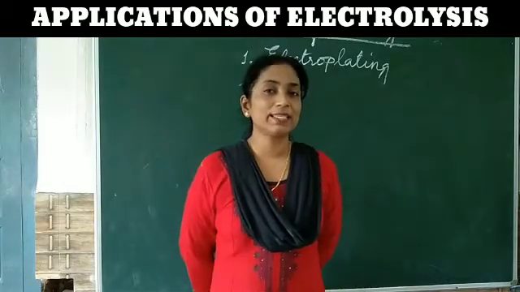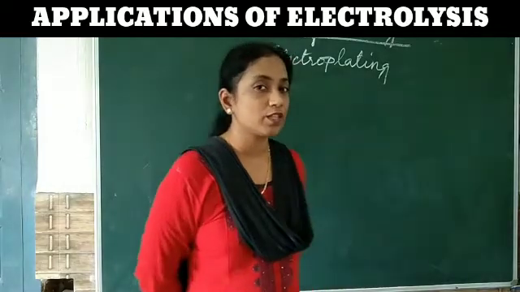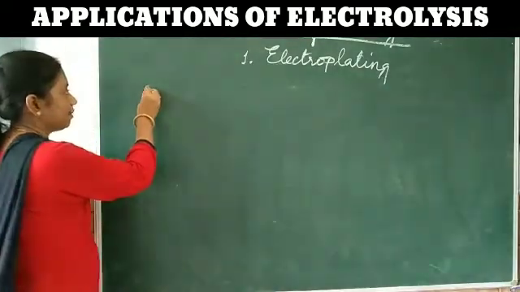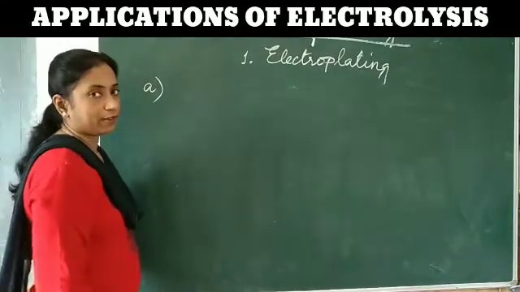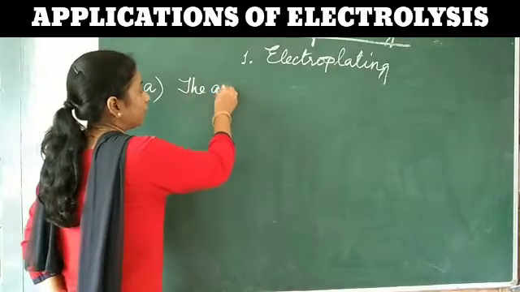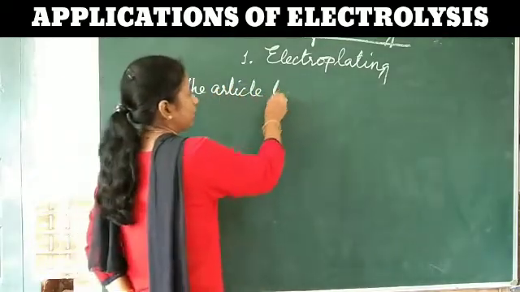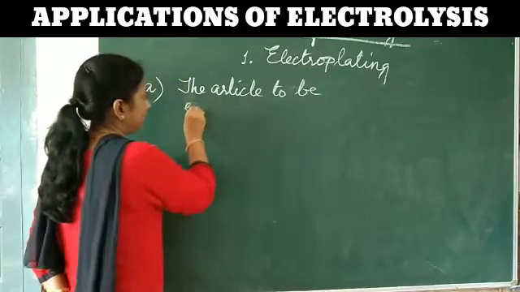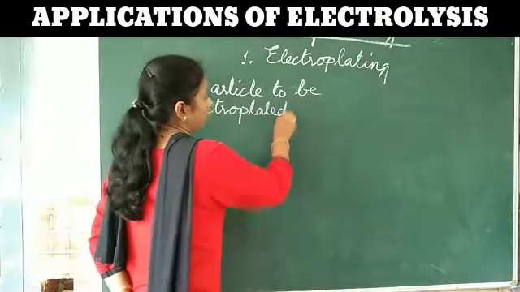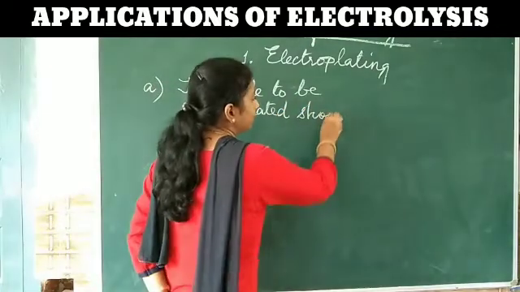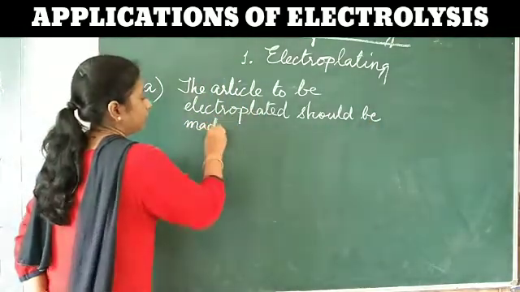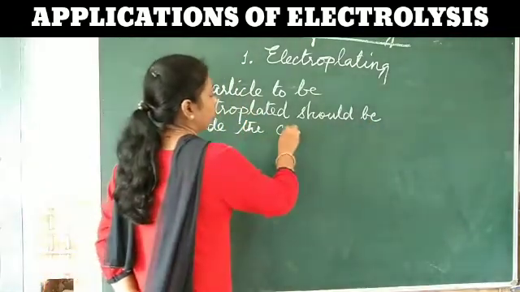Now, there are a few points that we have to remember during the process of electroplating. Let us see which are the points that we must keep in mind. First point to be kept in mind is the article to be electroplated should be made the cathode.